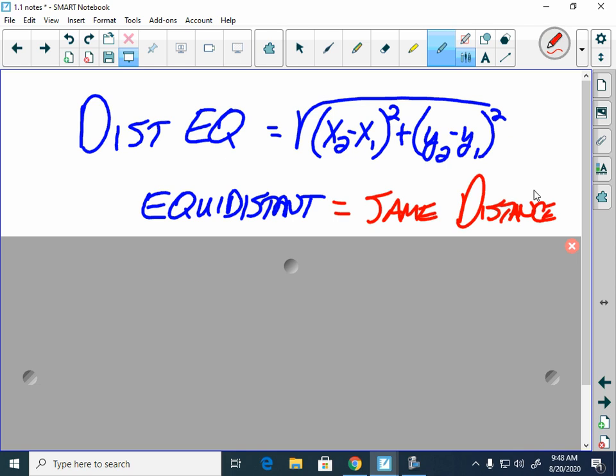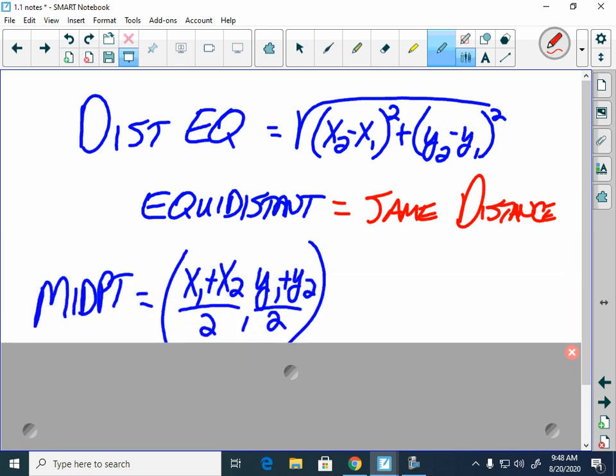So it wouldn't be a nice book problem. It would probably be a crazy decimal problem. But my Texas Instruments is ready for that. Okay, equidistant means same distance.